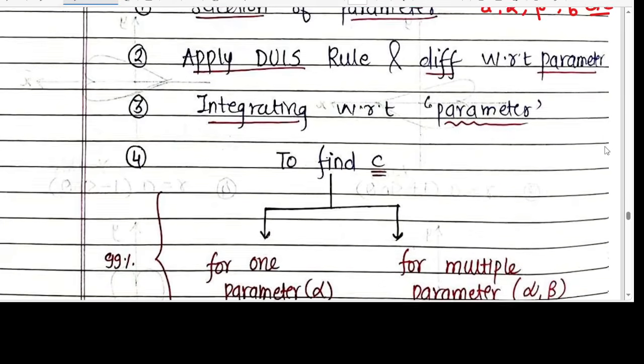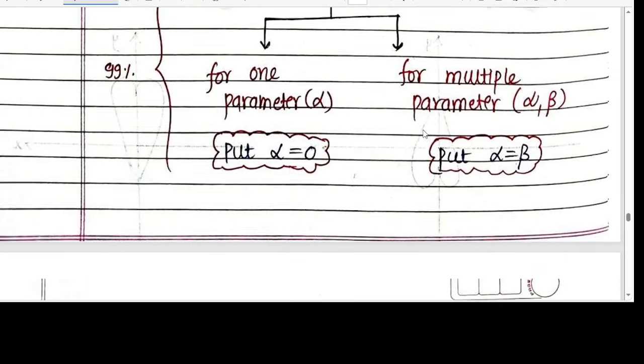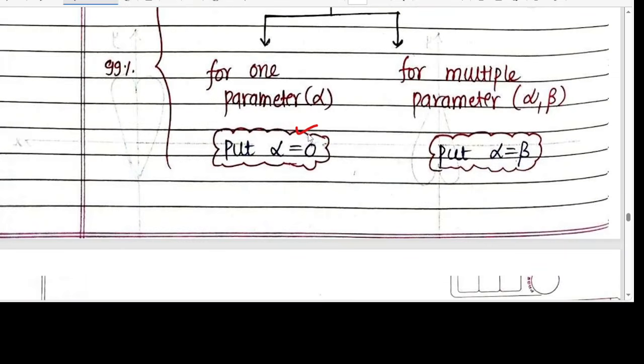We have to differentiate with respect to the parameter first, then integrate with respect to the parameter, and to find the value of C, for one parameter, suppose alpha is the parameter, we put alpha equal to 0 to find the value of C. Suppose two parameters are there, alpha and beta, so equate them, alpha equal to beta, and we will get the value of C here, right? Mostly they will ask examples with respect to one parameter.